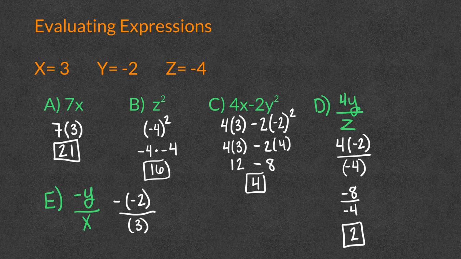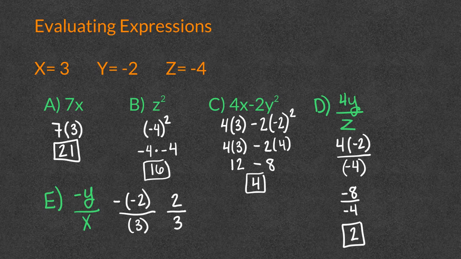Now you can see why the parentheses are important because of the organization piece. Now I have a negative in front of another negative, and those will cancel each other out. So I'm going to be left with a positive 2 in the top, in the numerator, divided by 3.